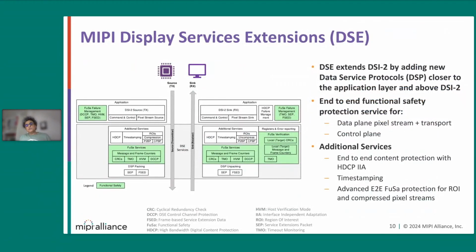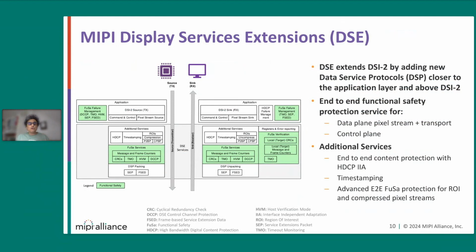And DSE is what we call the Display Service Extension. It extends the DSI2 protocol by adding an additional new protocol, the data service protocol, closer to the application layer, directly above the DSI2.